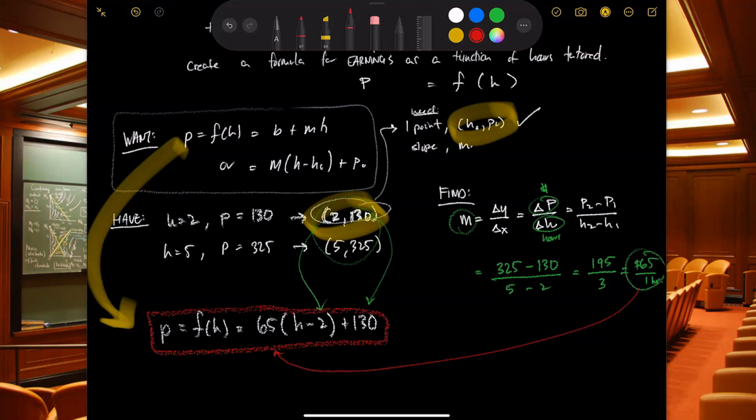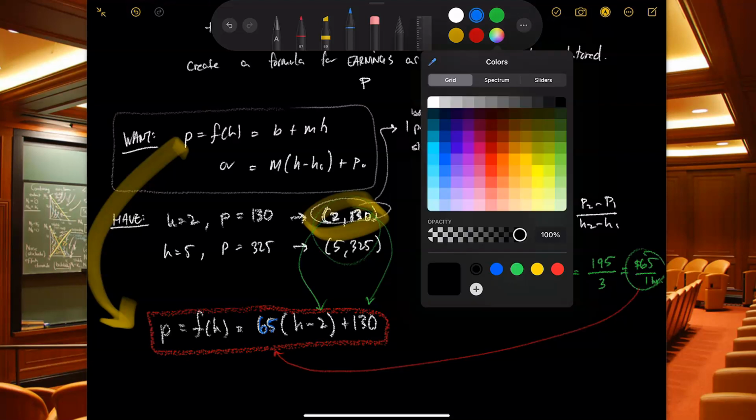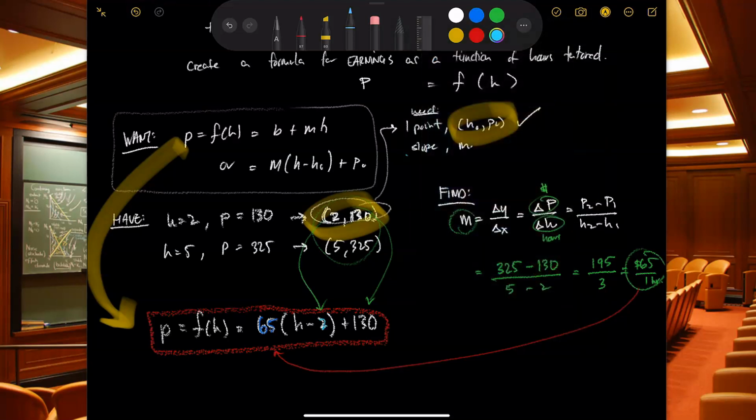So I've got everything I need. I've got how steep this thing is, and I've got a point, an input-output pair, (2, 130). I know that I earned $130 for 2 hours of work, and that my rate is $65 an hour.